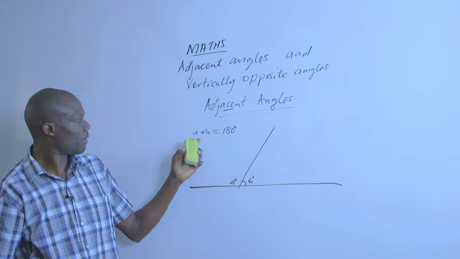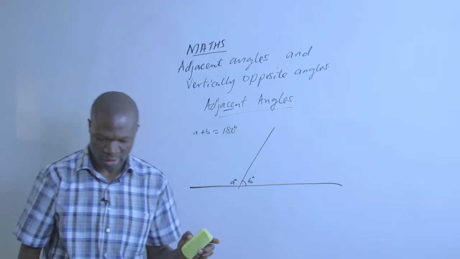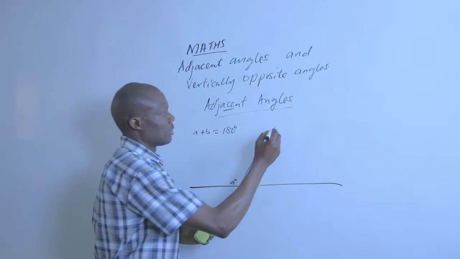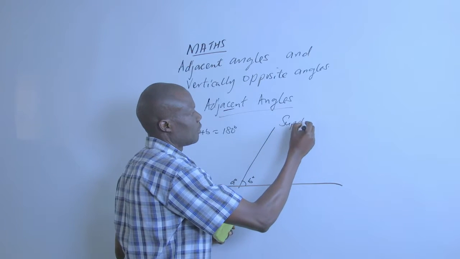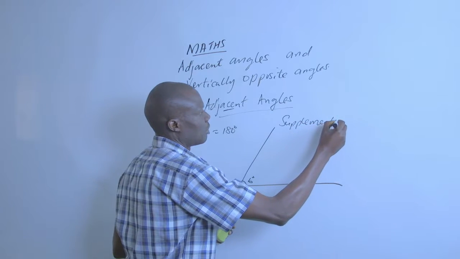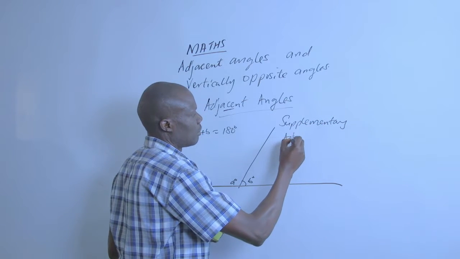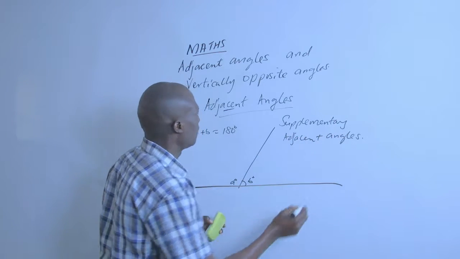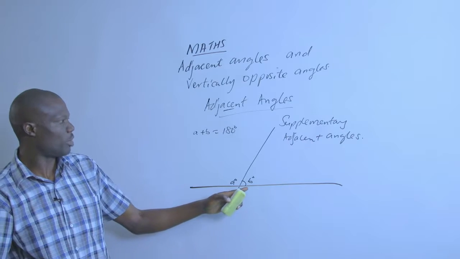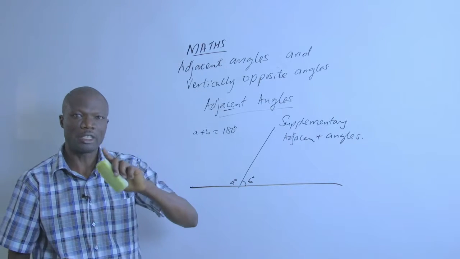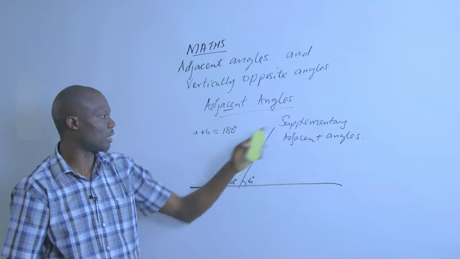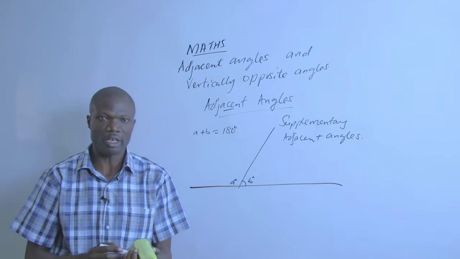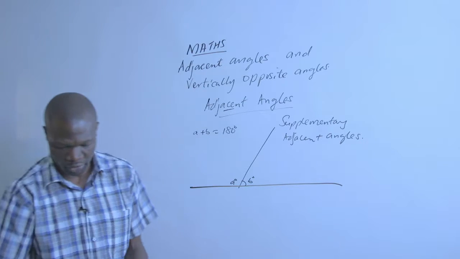So if we have A and B giving us 180 degrees, we call it supplementary adjacent angles. So A and B form a pair of adjacent angles that are supplementary. Therefore, A plus B gives us 180 degrees.